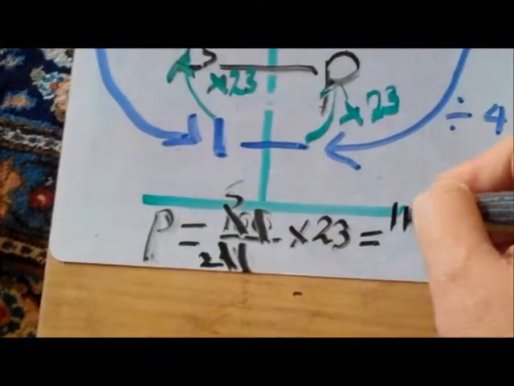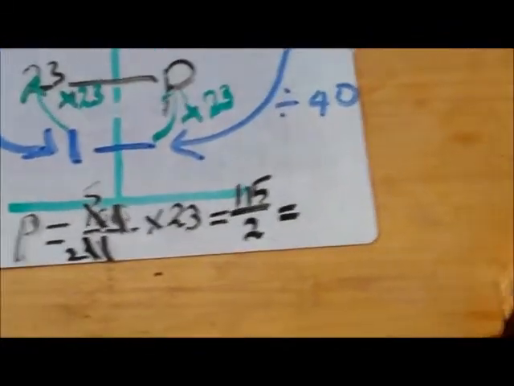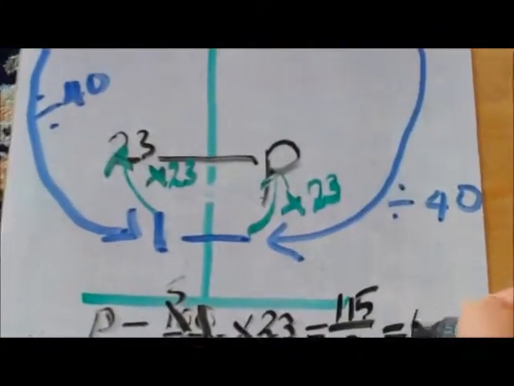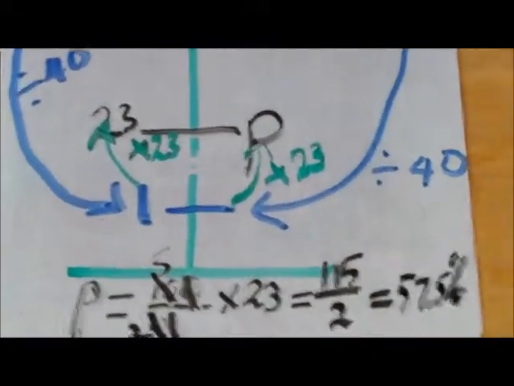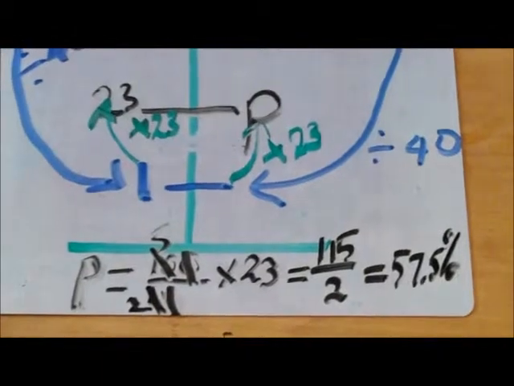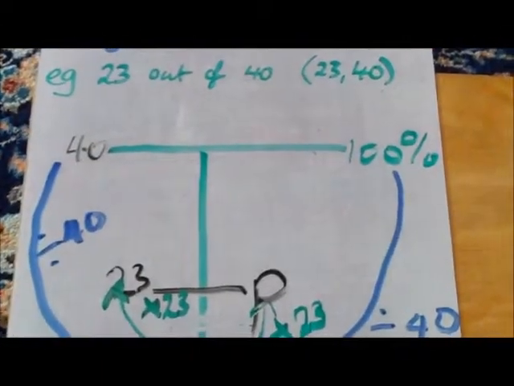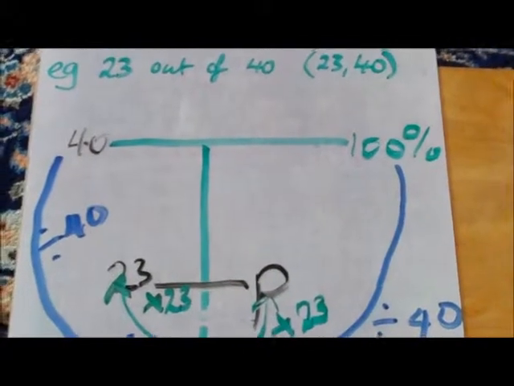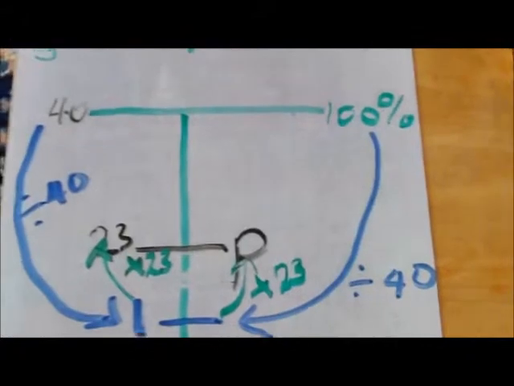So it's 115 divided by 2, which equals 57.5. So 57.5% is what the fraction 23 out of 40 is. So now I've just got a common base of 100, and that's how I did it.